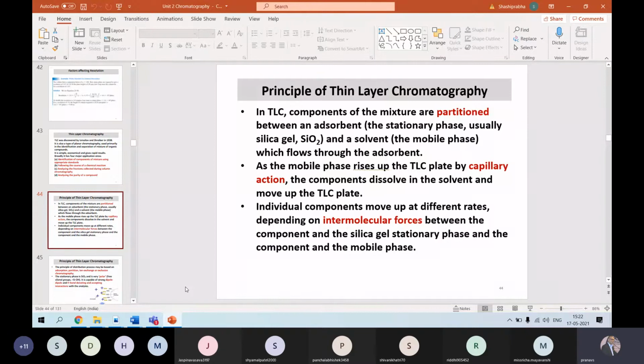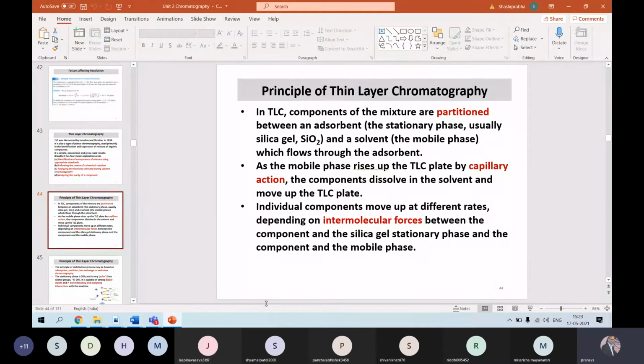That is why these two techniques are different, and they have different sets of solvent systems as well, because in column chromatography you don't want everything to come down together. It should selectively adsorb on the stationary phase. So in TLC, everything is done against the gravity.